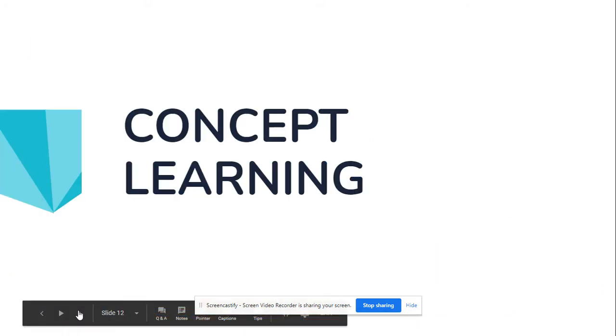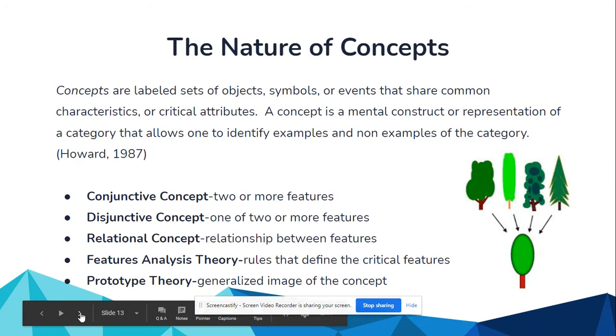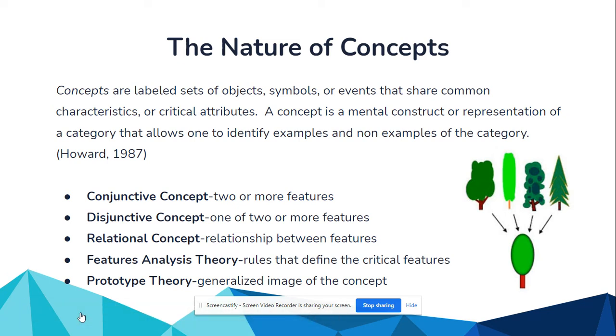This brings us to concept learning. So how does one learn a concept? Well, there is a nature of concepts in order to understand the breakdown and hierarchy and configurations. So what are concepts?